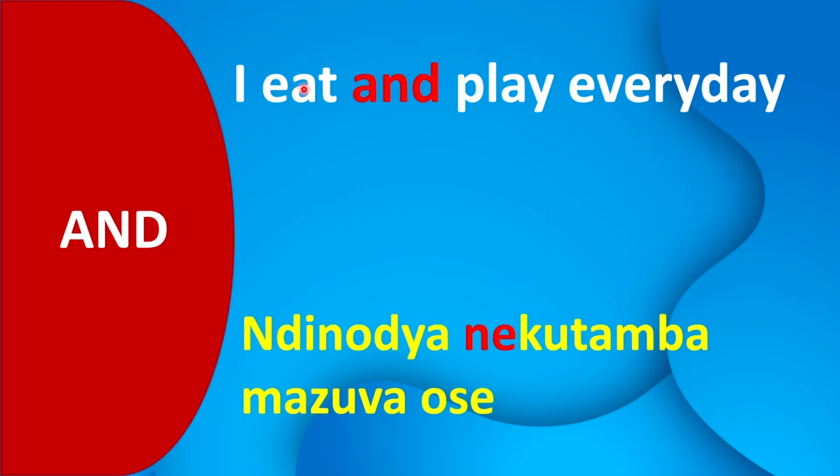If the phrases being combined refer to verbs or things that are not specific persons, you translate and to the prefix ne. So I eat and play every day becomes ndinodya nekutamba mazuva ose. I eat, ndinodya, and play, nekutamba, every day, mazuva ose.